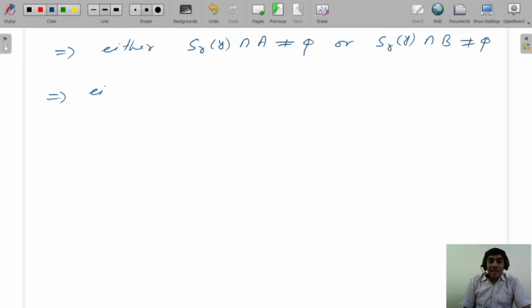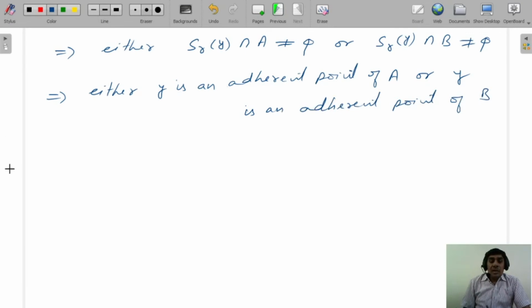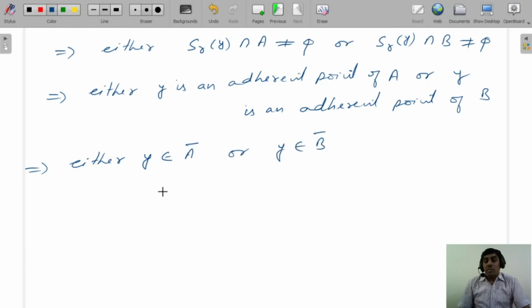This implies either y is an adherent point of A, or y is an adherent point of B. This implies either y belongs to A closure, or y belongs to B closure.